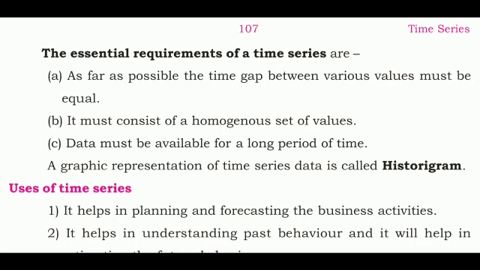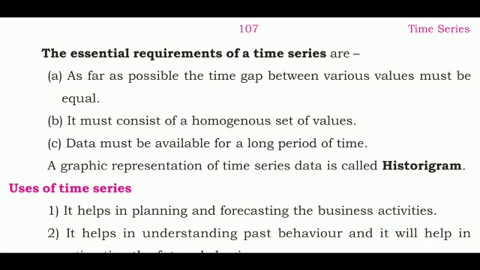The second one: it must consist of a homogeneous set of values. Homogeneous means if you are going to take values of particular exports, you will be taking only exports. If it's about production, you will be taking only production. Whatever values you collect, it will be regarding that particular thing only. Homogeneous means same.